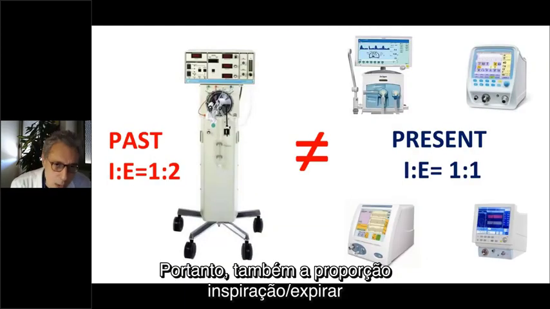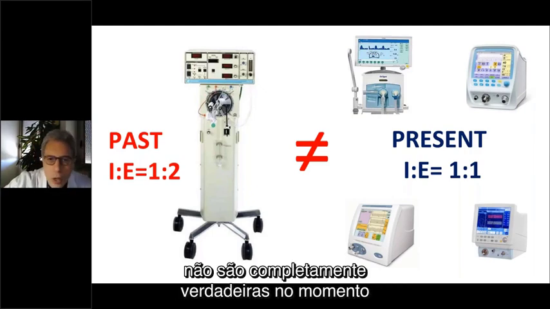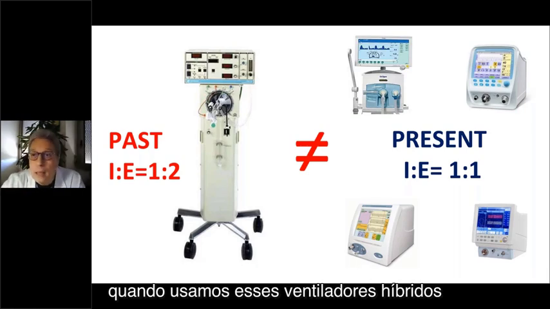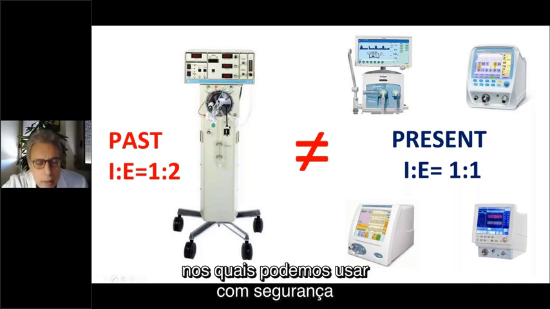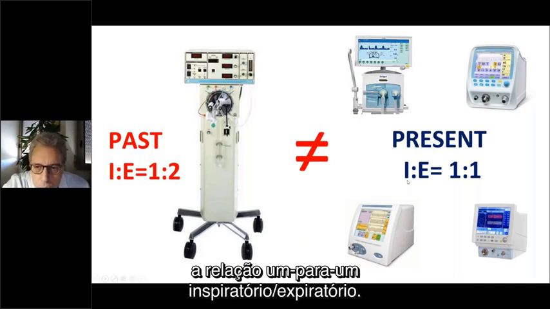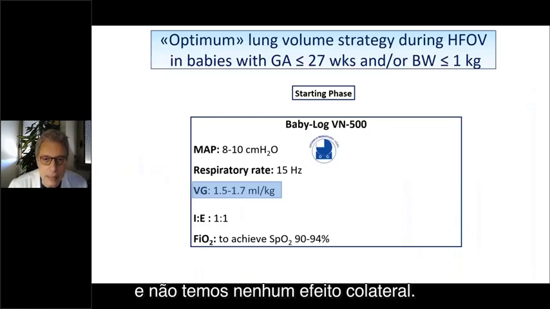And this is why the inspiration to expiration ratio of 1:2 that was always suggested when we used SensorMedics is not completely true at present when we use these hybrid ventilators, including WEN 500, 600, and 800, in which we can safely use the 1:1 inspiratory to expiration ratio. This is what we use in our center, and we don't have any side effects.